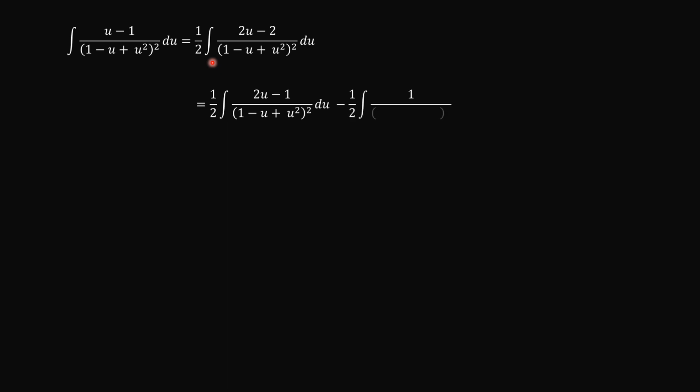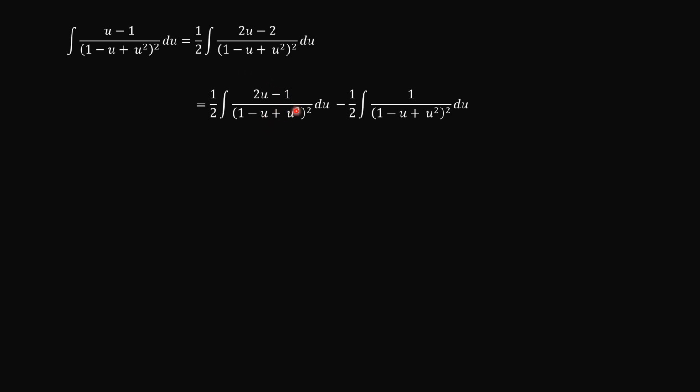This next integral of u minus 1 over 1 minus u plus u squared can be simplified further by, as you can see, multiplying by 2 in both the numerator and denominator, so we have a half there, and next we have 2u minus 1 over 1 minus u plus u squared.